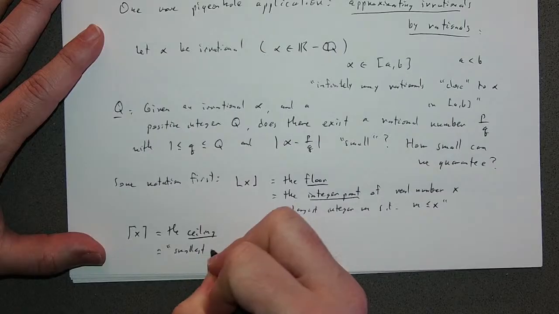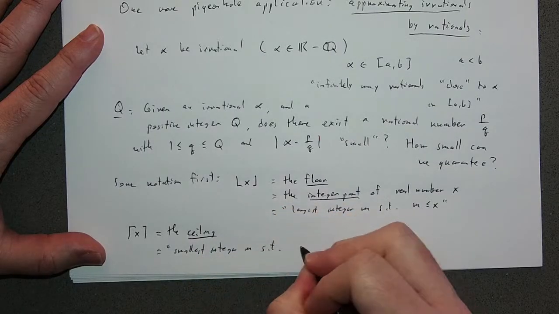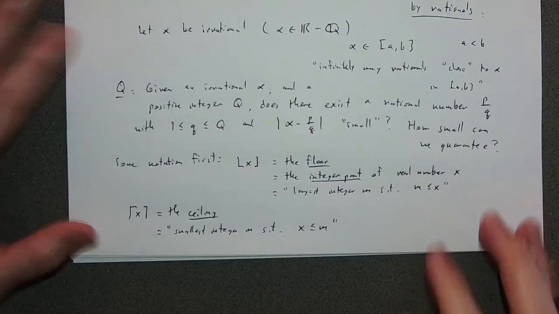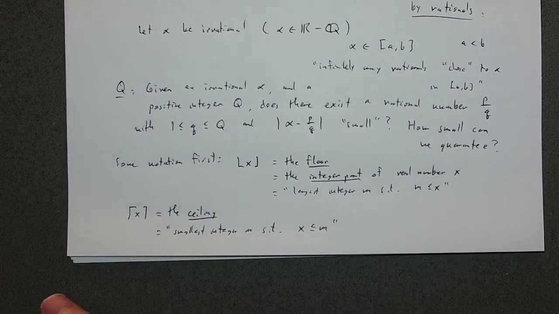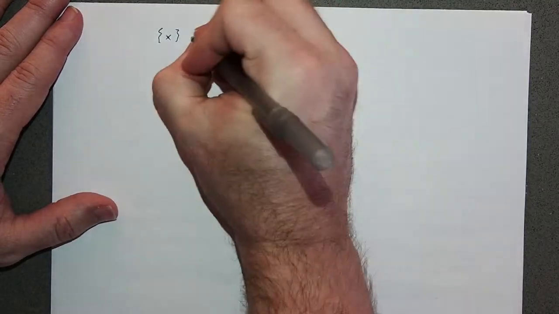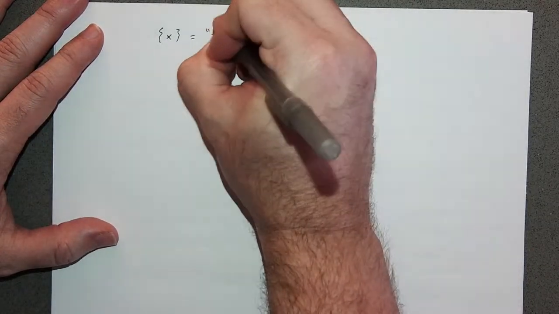So this is the smallest integer m such that x is less than or equal to m. Okay. Notice one more thing. I'm going to use squiggle brackets around x to denote what I call the fractional part of x.